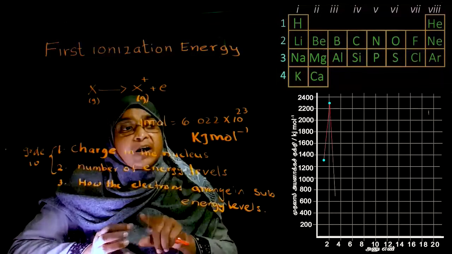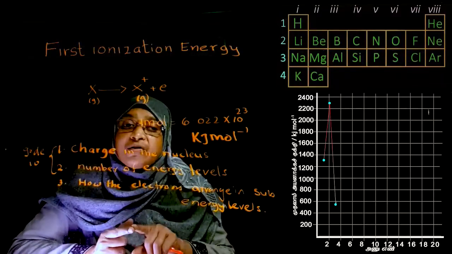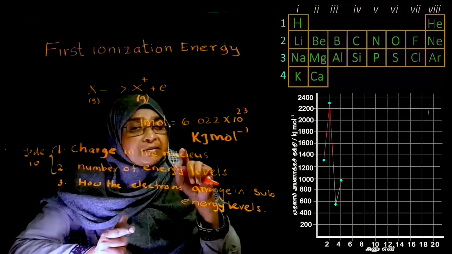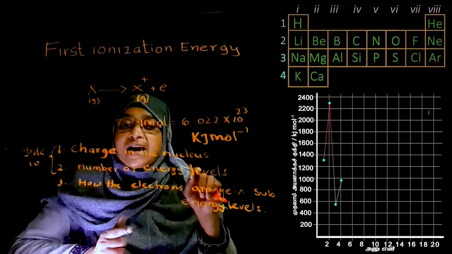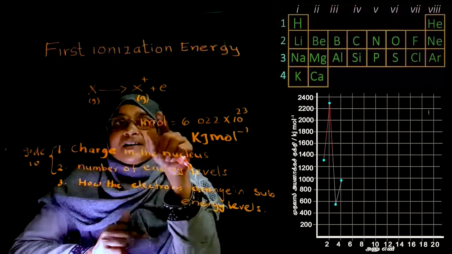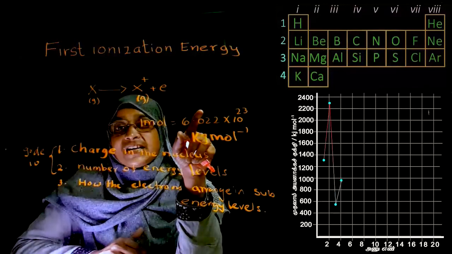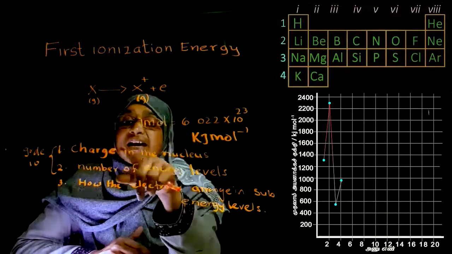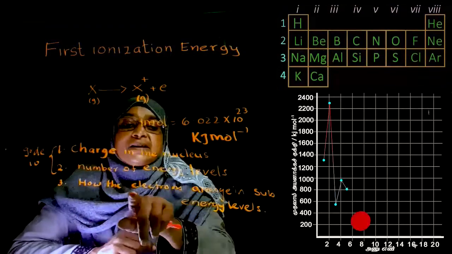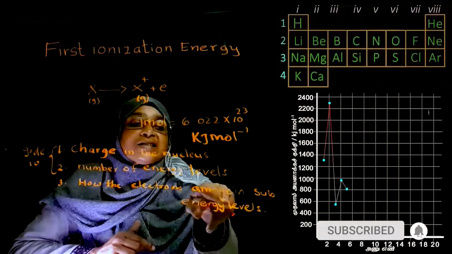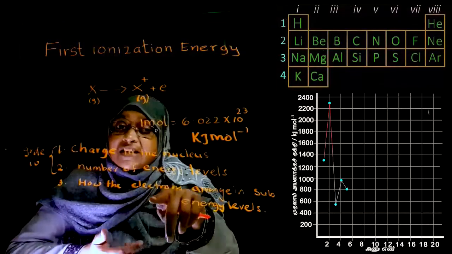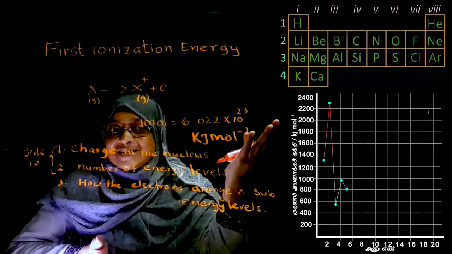Now the value of beryllium is higher than lithium, but boron has more charge than beryllium, yet its first ionization energy is lesser than beryllium. The reason is the electron arrangement in sub-energy levels. This will be explained in upper classes.